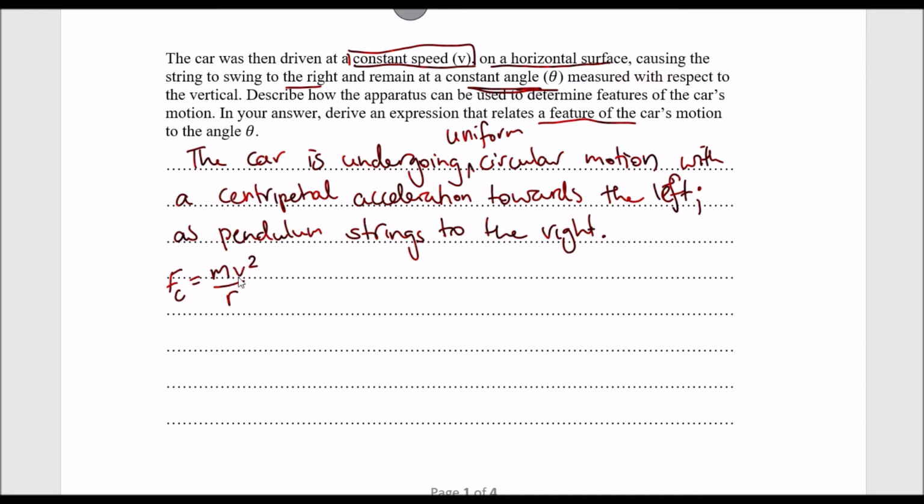if our car is traveling at a really high velocity, assuming that centripetal force stays constant and mass of the car is constant, then the velocity and the radius in which the car undergoes that circular motion would be directly proportional to each other.